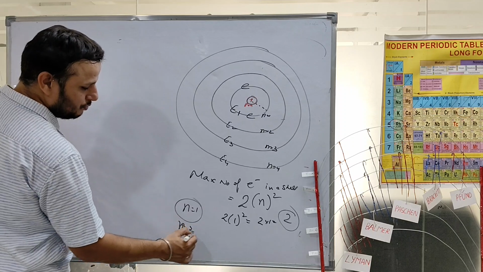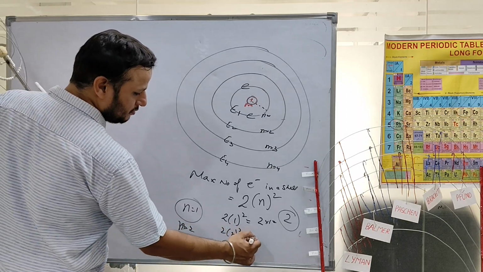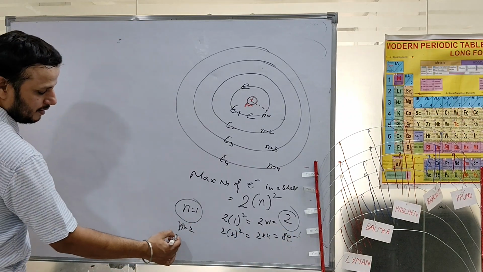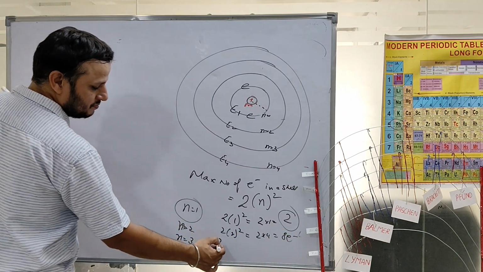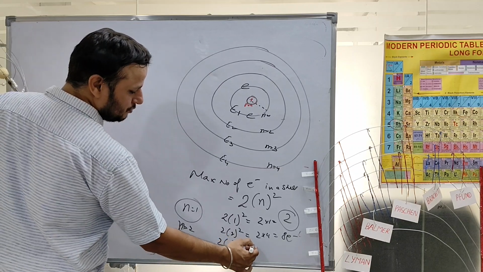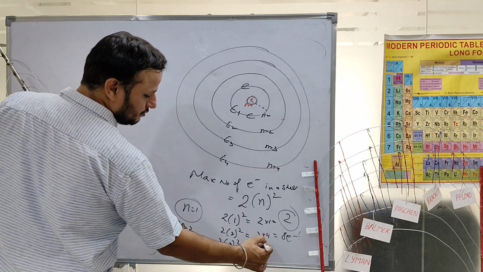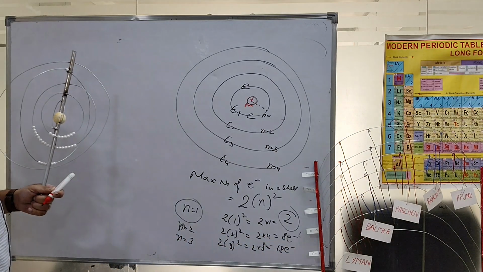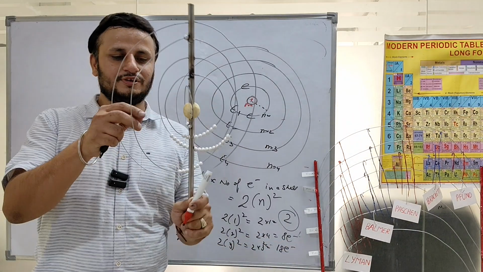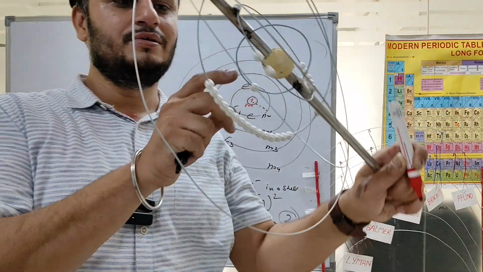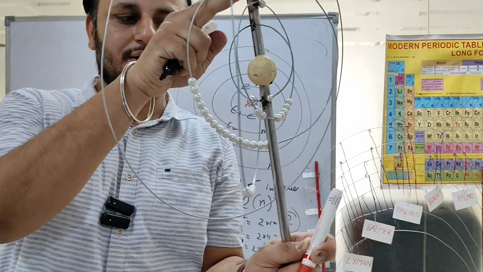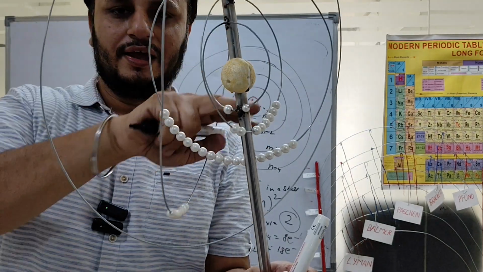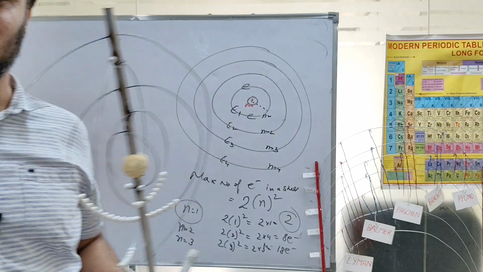For n equal to 2, 2 into 2 square, 2 into 4, the second shell can have 8 electrons. Third shell: 2 into 3 square, 2 into 9, 18 electrons. The first shell can have only 2 electrons, second can have 8 electrons, third can have 18 electrons, and so on.